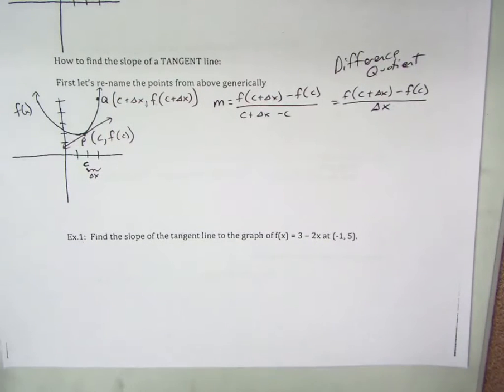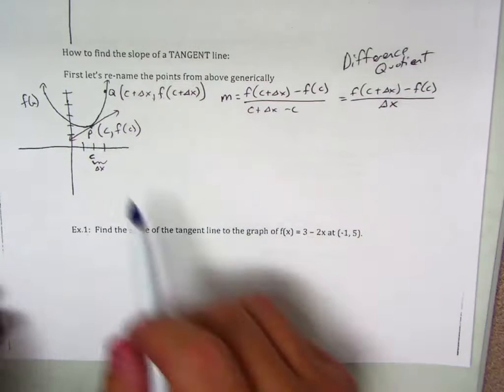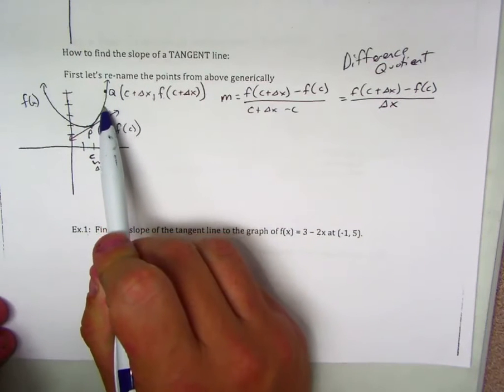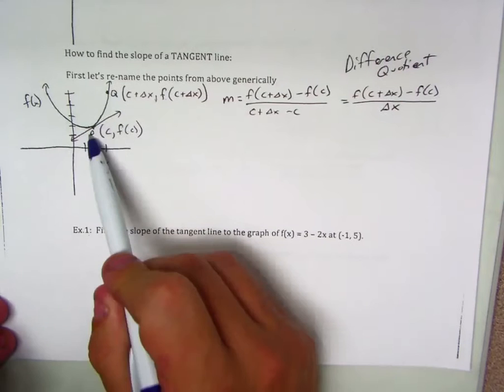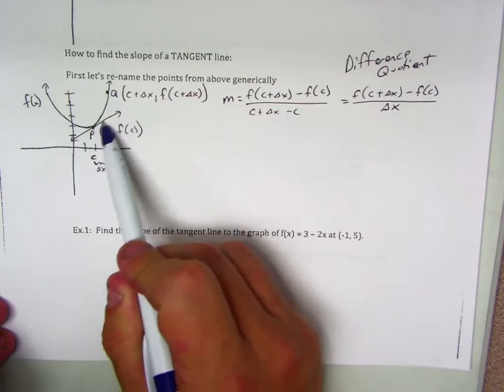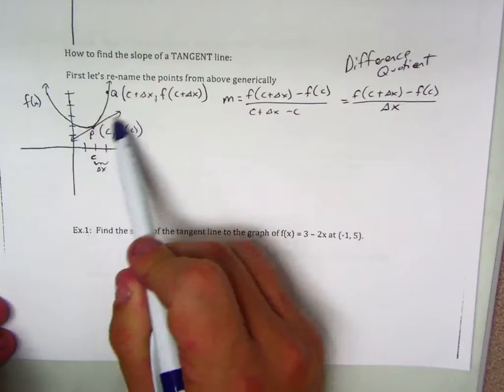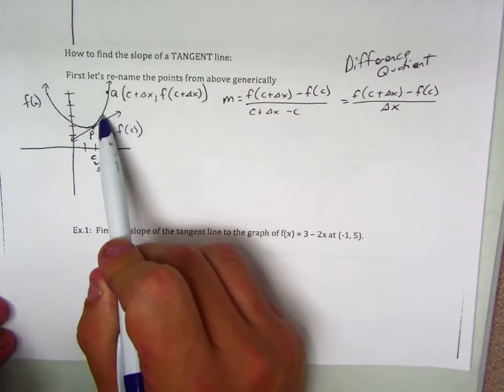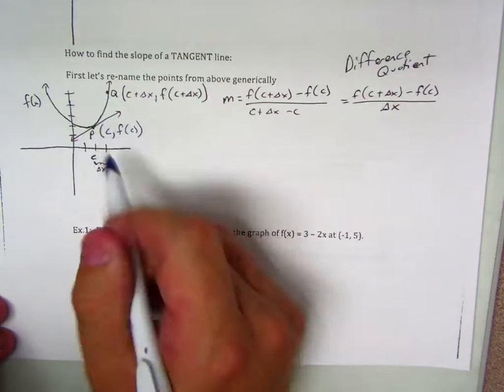Okay, so what we want to do is find the slope, but we want to take Q and move it really, really close to P. Think about what we're trying to find. We're trying to find the slope of the tangent line at P. So let's take Q and move it as close as we can to point P, because think about this.